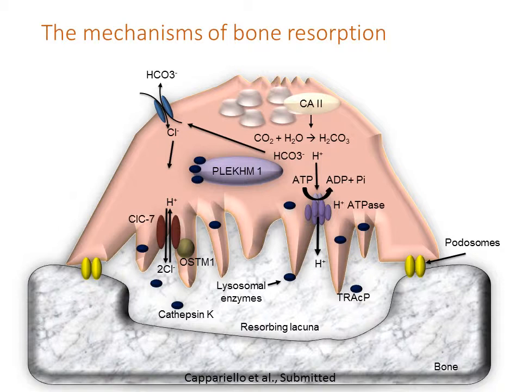Here now the lysosomal enzymes are secreted, and among these enzymes, especially cathepsin K, disrupt the collagen. And this releases both the inorganic and the organic matrix products into the resorbing lacuna.